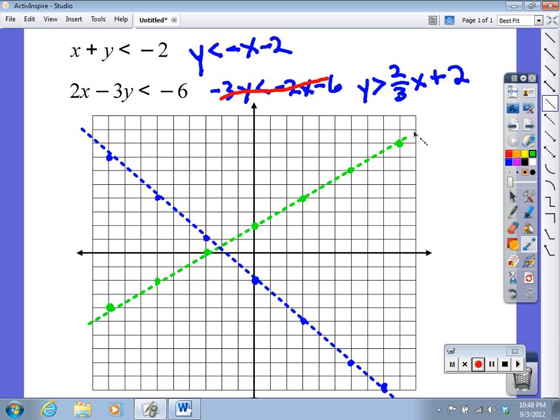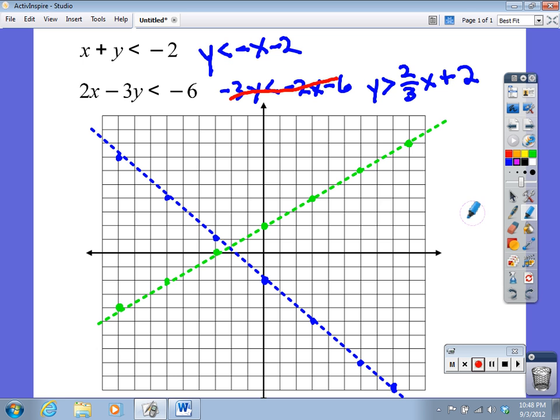Okay, now we just have to figure out where we are going to shade this. We see here that the shading on the 2/3 or green line is going to be above the line. But with our negative slope line, its y is less than, so it's got to be below the line. So the only place we can shade it is above the green line here, and below the blue line here.